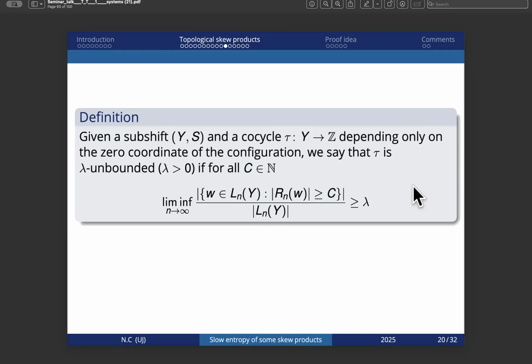It's just saying that it will leave the ball of radius C. That's all it is saying. Okay, I see. It's much weaker than transience then.